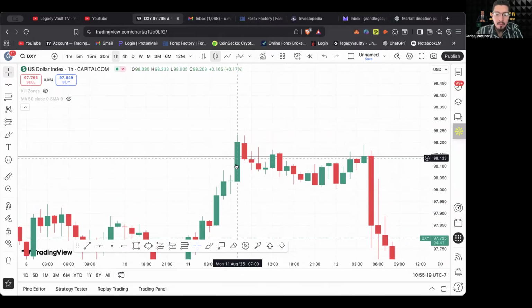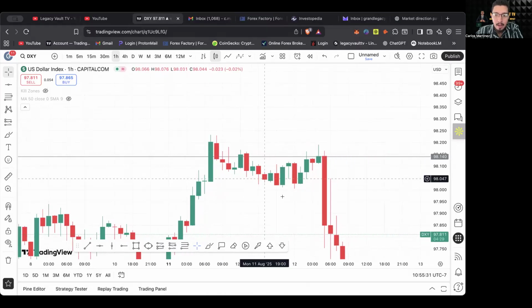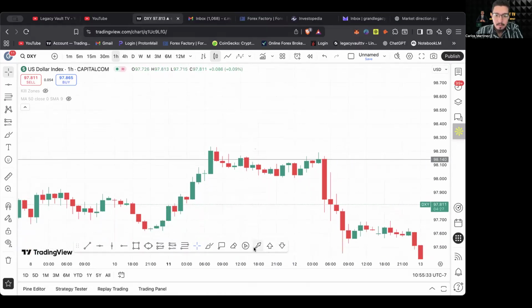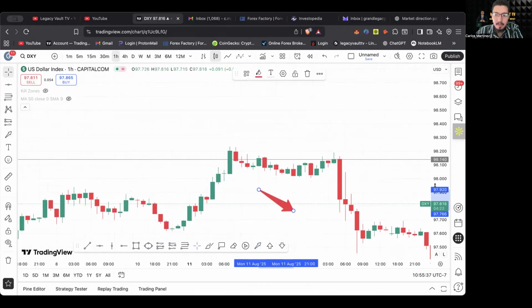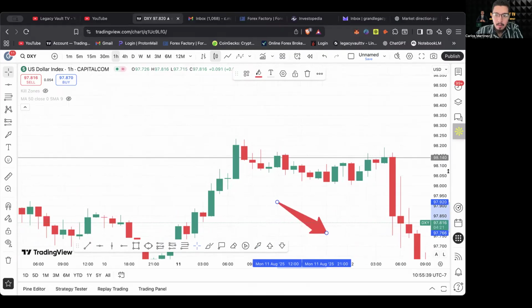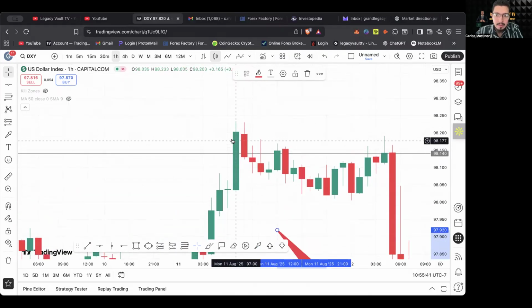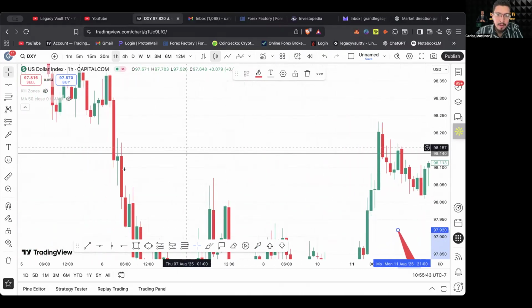This information alone is not a successful entry because you don't have enough confluence to enter that trade successfully. Instead, it resulted in a fake out, pushing price to the downside because of this candle. So you see situations like this happening, resulting in a fake out.